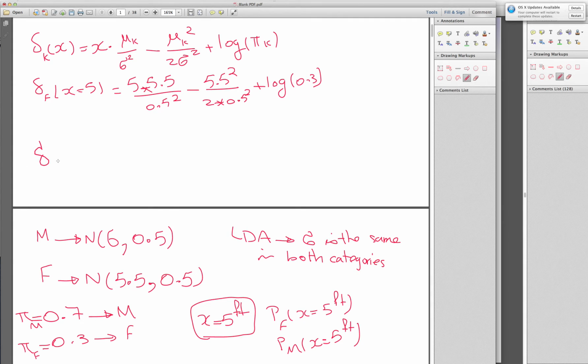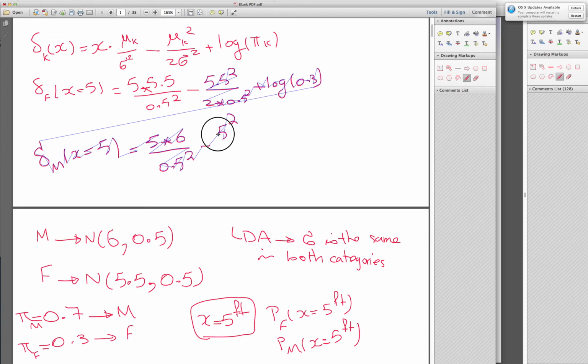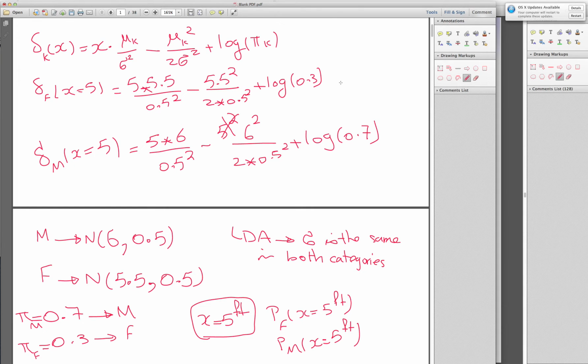For males, for x equal to 5, that is 5 times 6 divided by 0.5 squared, minus 6 squared divided by 2 times 0.5 squared, plus log of 0.7. So let's calculate these two numbers.